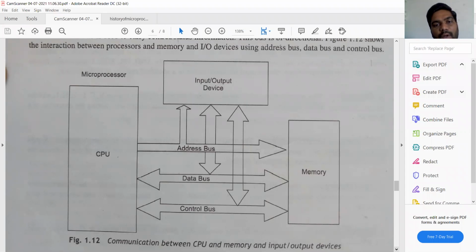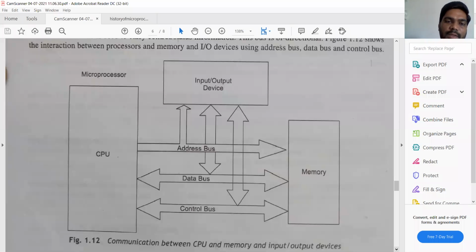The data bus will carry the data from the microprocessor to the memory, from the input device to the microprocessor, or from memory to the microprocessor. That is why the data bus is a bidirectional one. I have also given you the example of why the data bus is bidirectional. Next, the control bus.